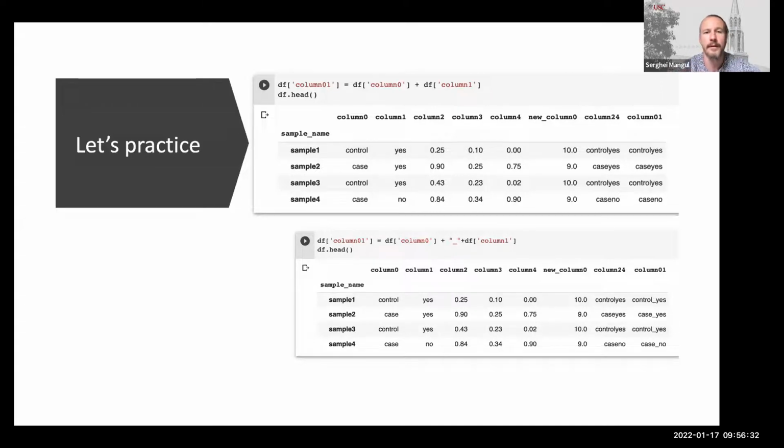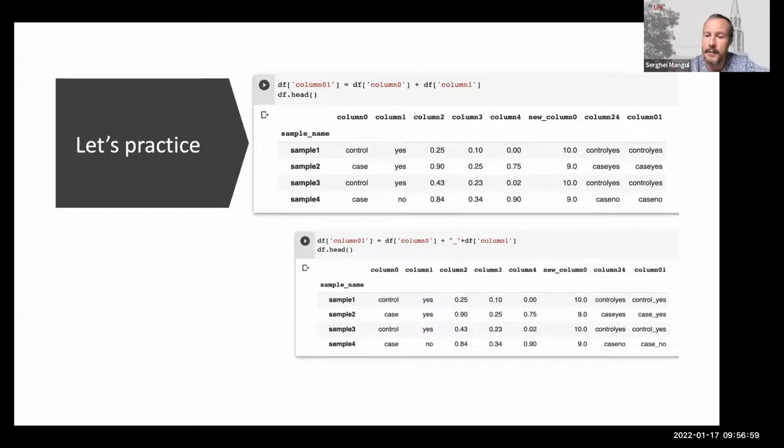Before, in the very first command, we concatenated two strings, which are column 0 and column 1. But we said, let's put something in between. It's very hard for my eyes to read control yes. I would rather have some space or underscore. So you just put an underscore in between: column 0 plus underscore, or whatever it can be, any string, plus column 1.